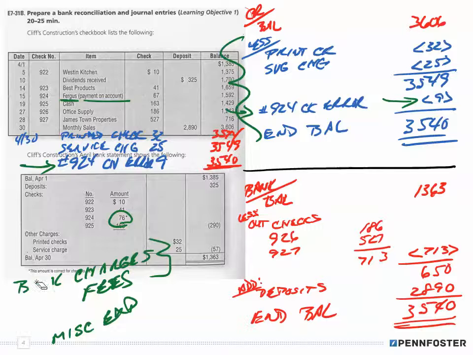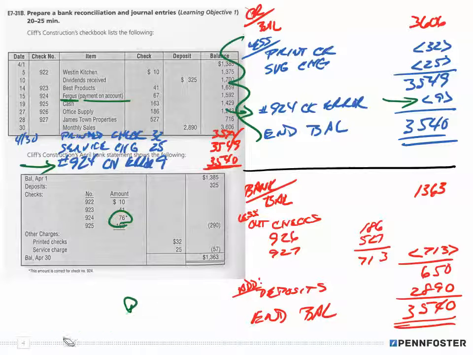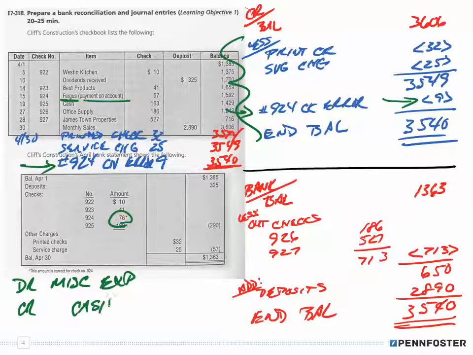So to keep things simple and to match up with the solution for this particular problem, we're going to debit miscellaneous expense, and of course credit cash because it's a reduction in our cash. And 32 plus 25 is 57. And so that would be my journal entry.